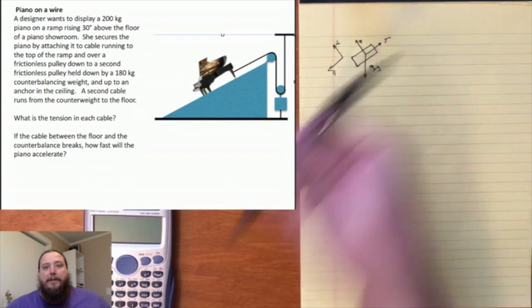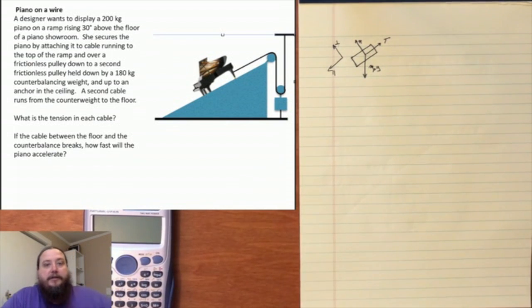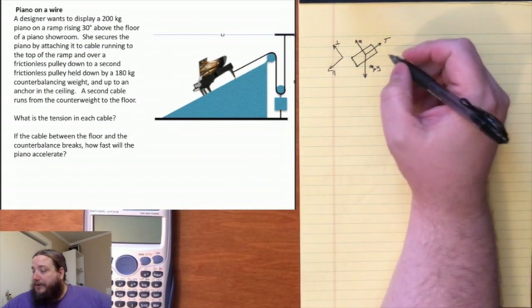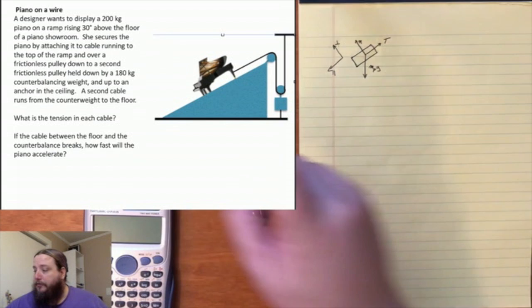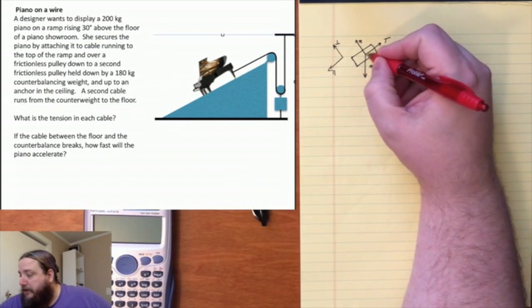I've drawn the positive parallel direction down the ramp, because that's the direction I would expect the piano to roll naturally if it was going to go somewhere. That'll help us not have to deal with extra sets of negatives running around at some other time.